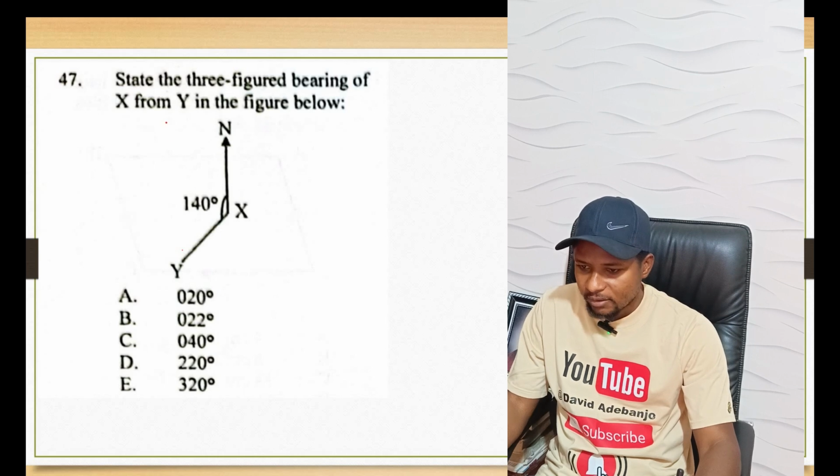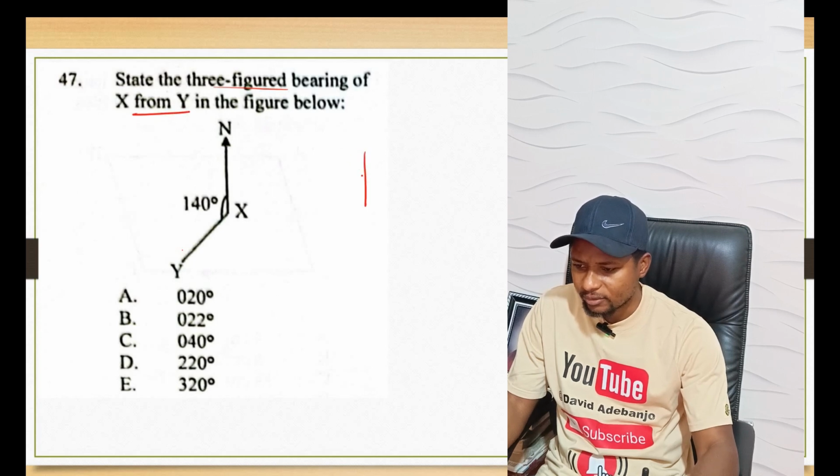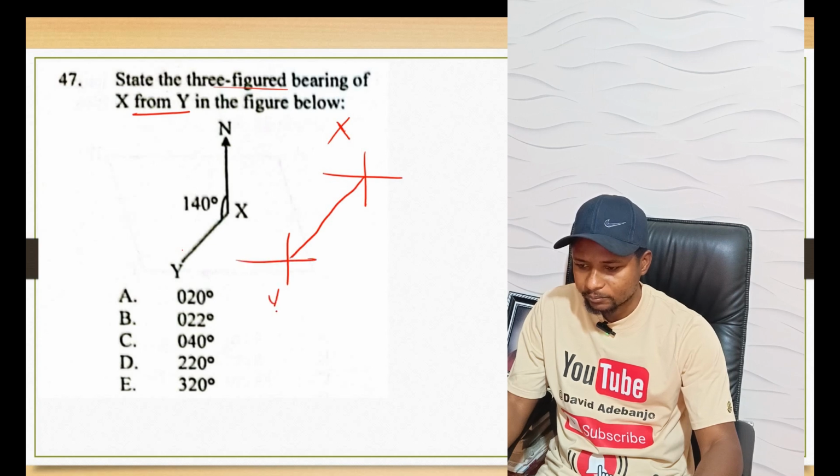Question 47. State the three-figure bearing. The three-figure bearing of x from y. So I can redraw this diagram. This is my x, and then it extends down to y. This is my y.